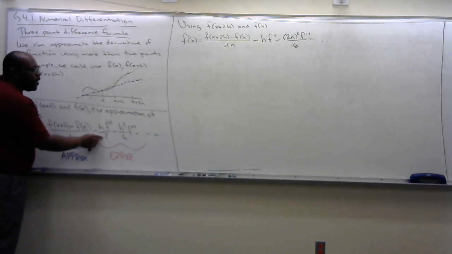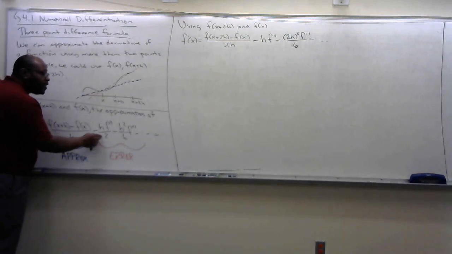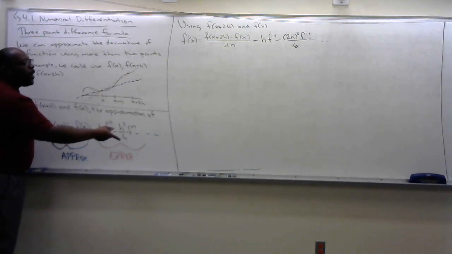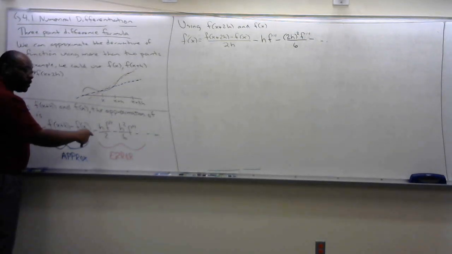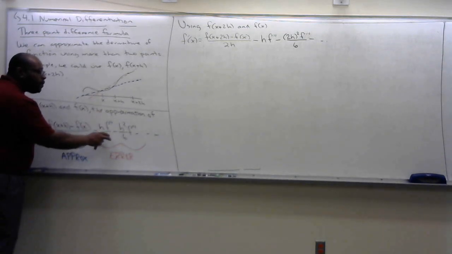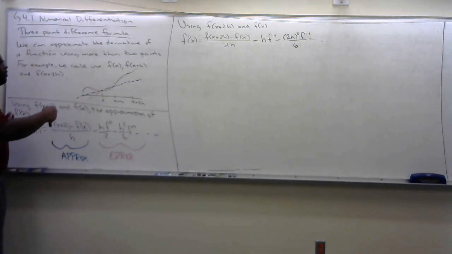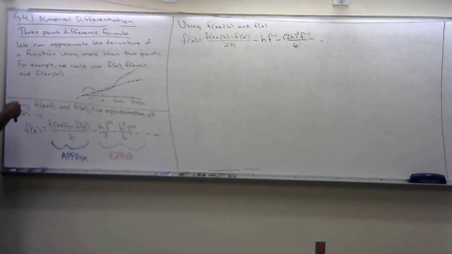When I add them together, I'm going to get a negative 3 halves h f double prime. It would be really nice if I can get rid of this f double prime term. That way I get f triple prime instead, because then I get an h squared error instead of an h error. So if I can get rid of this term, I can get an h squared error instead of the h error that I'm getting when I just have these approximations separate.